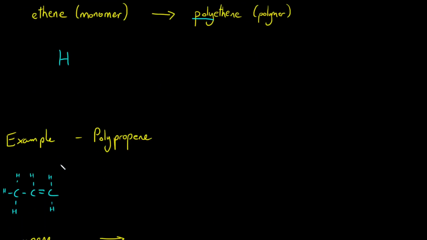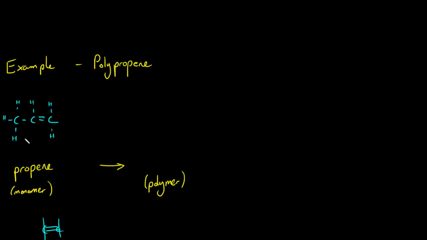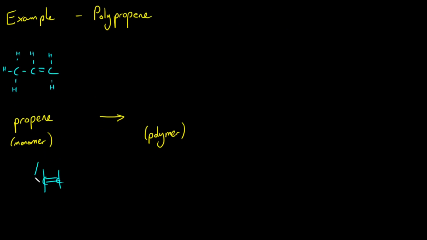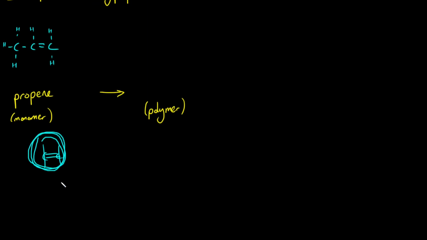However, propene does not look like an H. It's like a kind of straight line. And I want to really, before I do this question, make it look like an H with that carbon to carbon double bond in the middle.